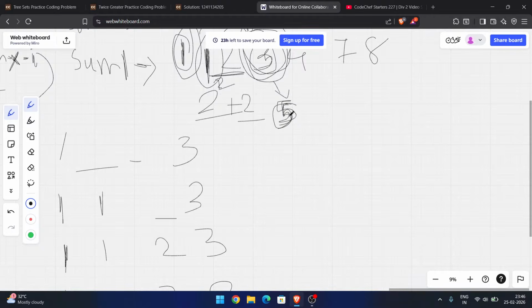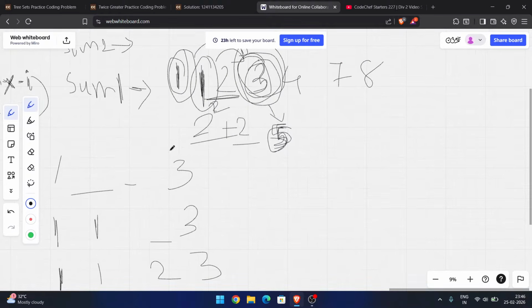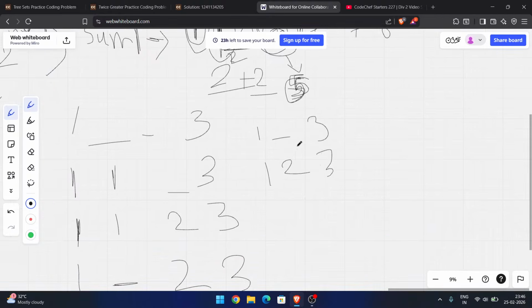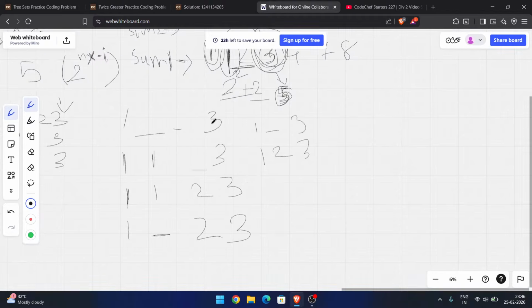Okay, it's 6: 2 to the power 2 plus 2, it's 6. Now if we start from here, this and this. In these 6 subsequences, the 3 is contributing towards the answer. In this subsequence also, this 3 is contributing. So in total, this 3 is contributing towards the answer.